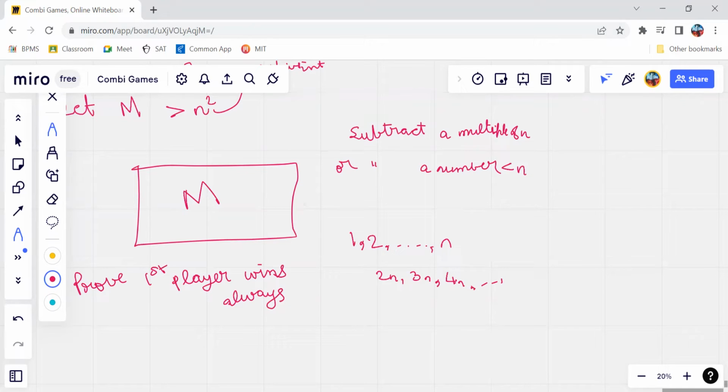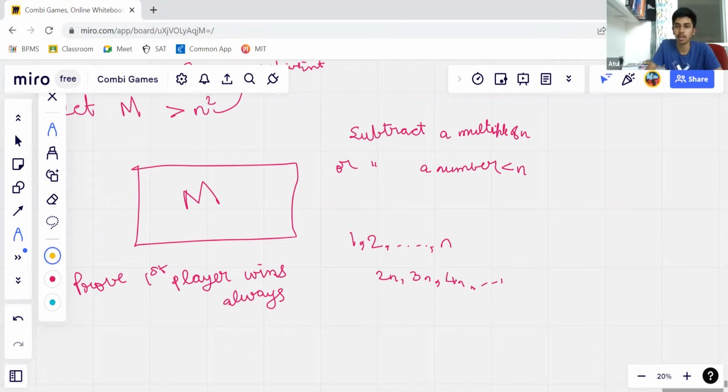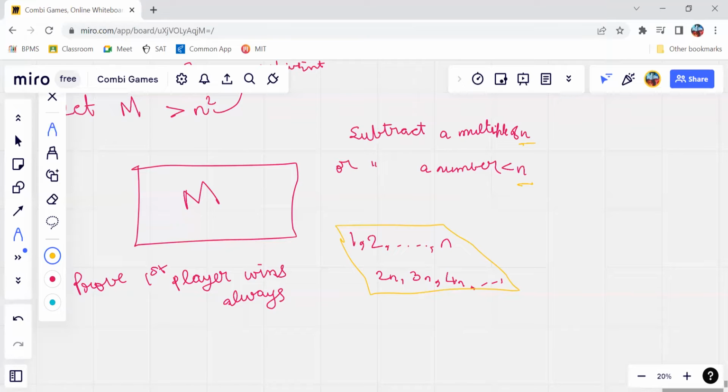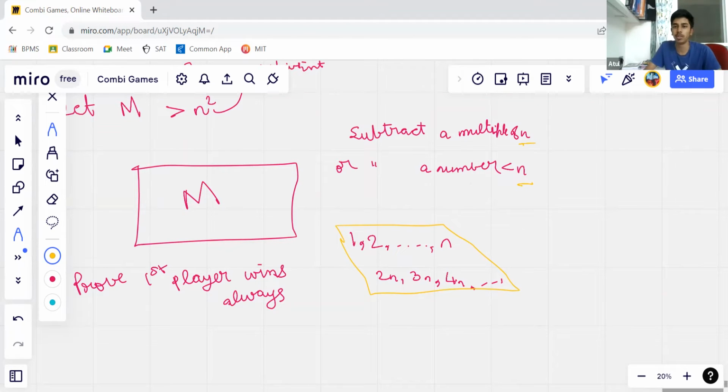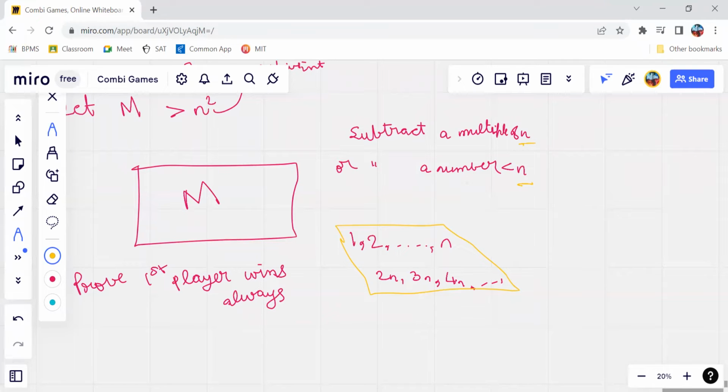The rules are specific to n. You can't replace n with any other number because the set of numbers you're allowed to subtract is very dependent on n. So you can't really induct on n. So the person who reaches 0 wins, or the next person wins? The person who reaches 0 wins. Clearly the second person can win.